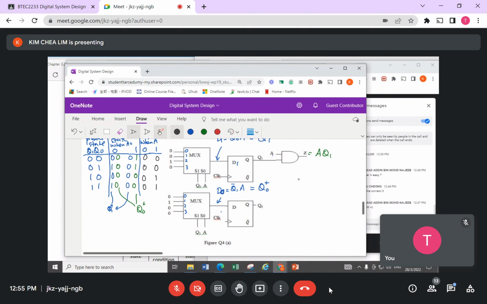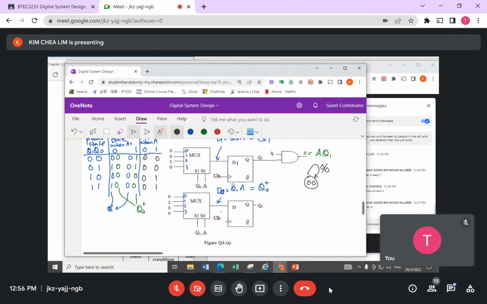So I start off with the initial state 0, 0. When A is a 0, I stay, right? This is the input A. I stay and I output a 0.